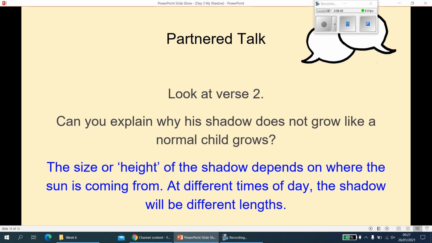You could always test this if you fancy a little mini science experiment later. You could put an object out in your garden maybe and have a look where the shadow is. Maybe if you've got a patio or a bit of chalk, you could draw around that shadow, or you could take some pictures and do a bit of a time-lapse video of how, as the sun moves, the shadow changes. You can maybe go out once an hour and see how different it is. Next question then.